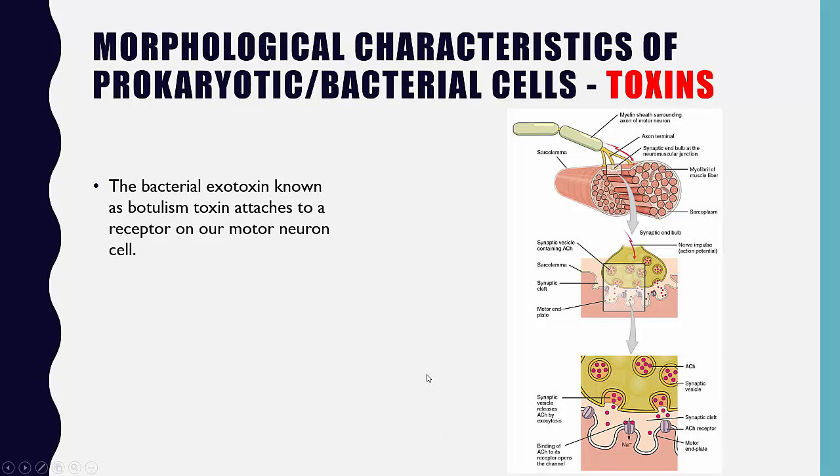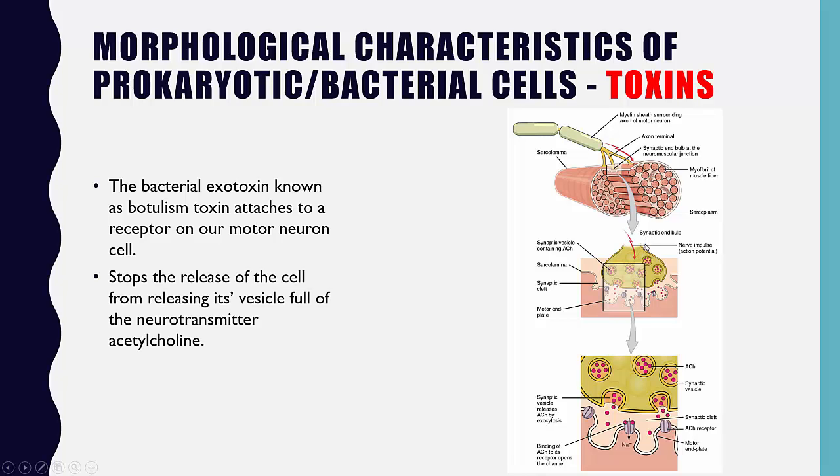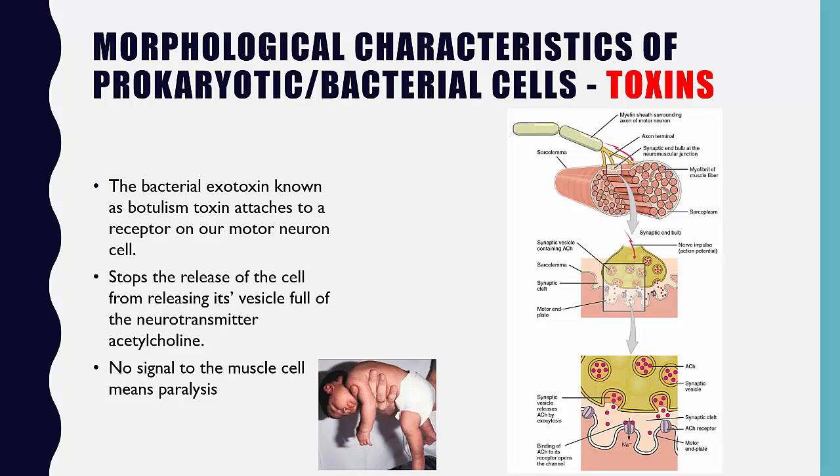So the bacterial exotoxin, known as botulism toxin, attaches to the receptor on the motor neuron, and it stops the cell from releasing the vesicle full of acetylcholine, right? Because of that, there's no signal, and that means paralysis. So this is pretty much going to hit the peripheral nerves, and you get flaccid paralysis.